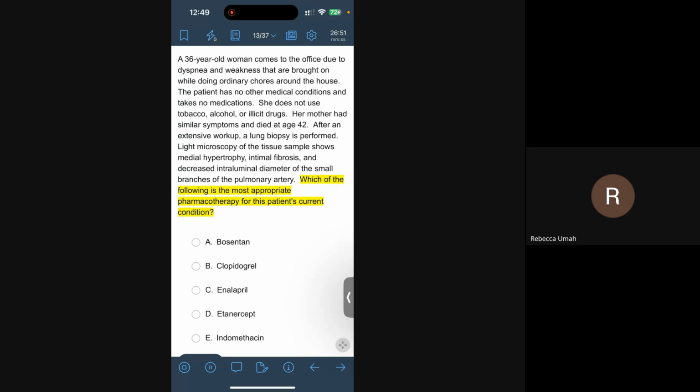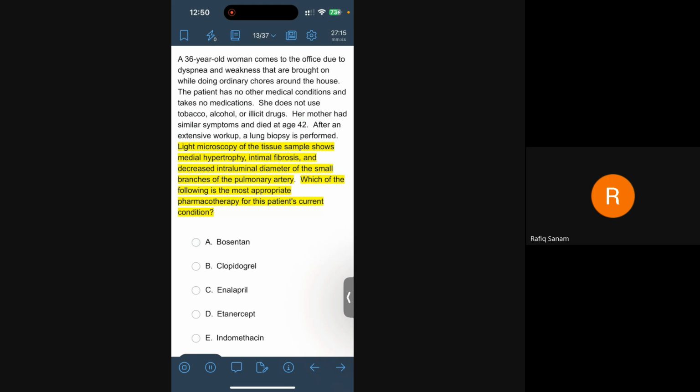A 36-year-old woman with dyspnea and weakness. Mother died due to similar symptoms at age 42. Lung biopsy performed. There is medial hypertrophy, intimal fibrosis, and the lumen diameter is very small. Diagnosis: primary pulmonary hypertension.